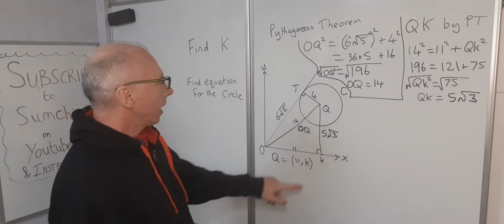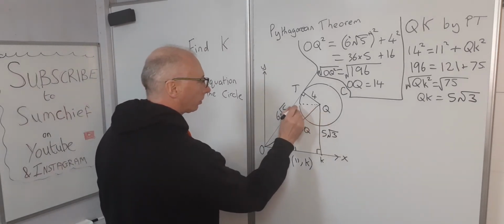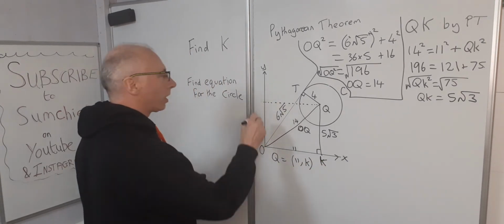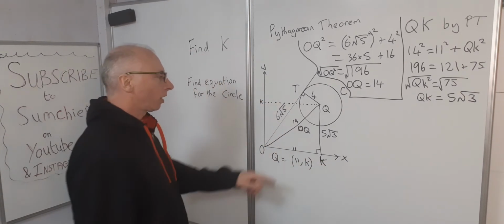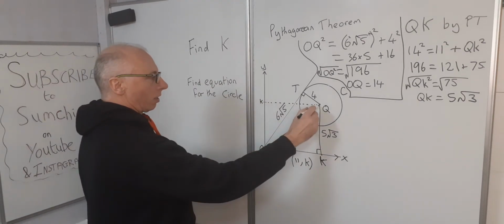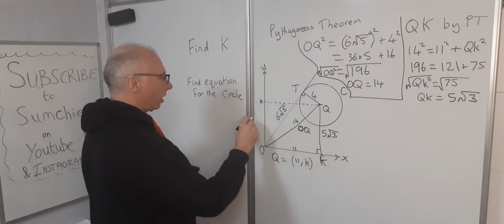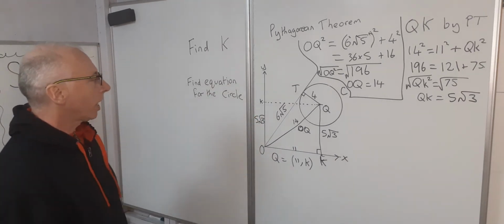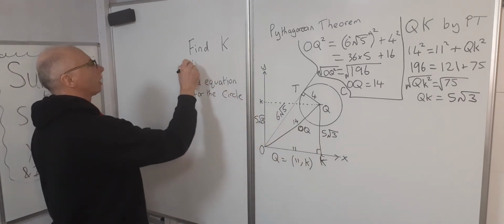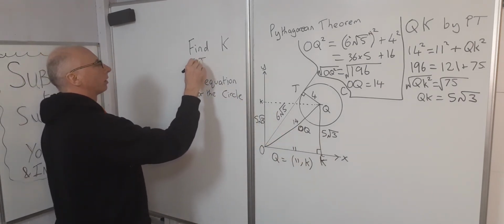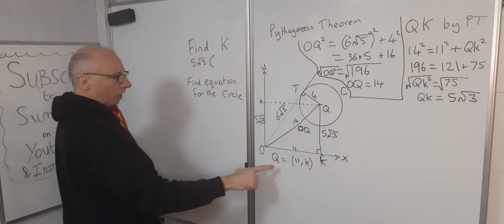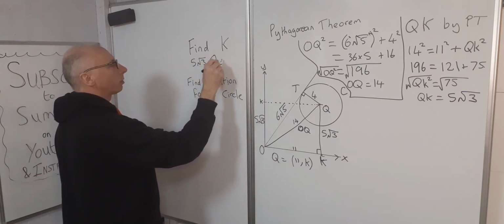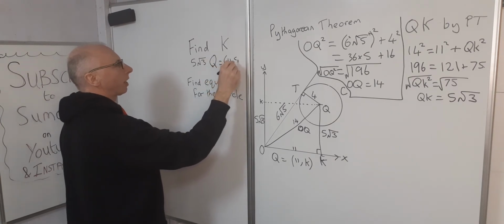Now (11, k), that one there is capital K, we will need a lowercase k here. So we're looking for the length of this. So here is 5 root 3, so hence this one here is also 5 root 3. So therefore k is 5 root 3, i.e. Q equals (11, 5 root 3).